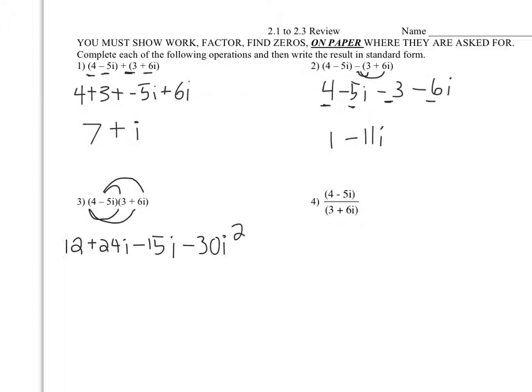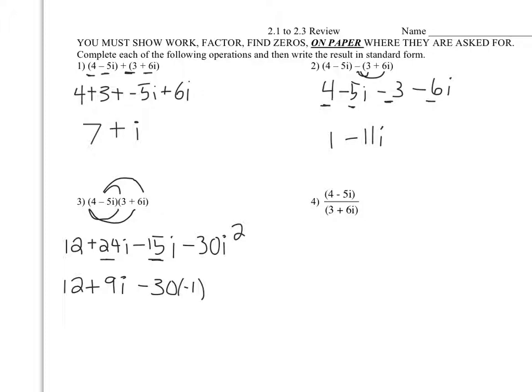So now I've got a couple of things. I've got some like terms I can combine. And 24i minus 15i would give us a positive 9i. But then that minus 30i squared, i squared we can replace with negative 1.